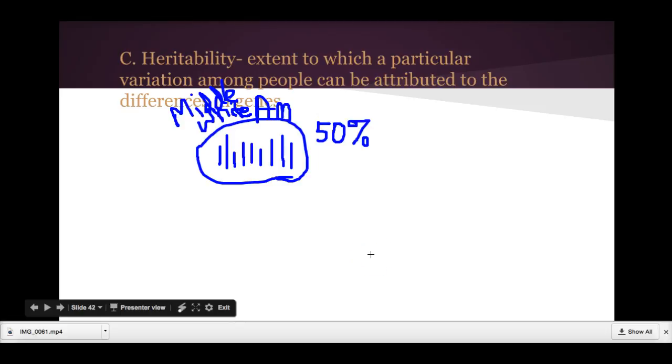Think about this: white middle-class Americans are all going to have a very similar environment that they grew up in. We said it's basically genetics or environment that causes the differences in height. Since they're growing up in a very similar environment, any differences between my line people here are going to be mostly a result of genetics.